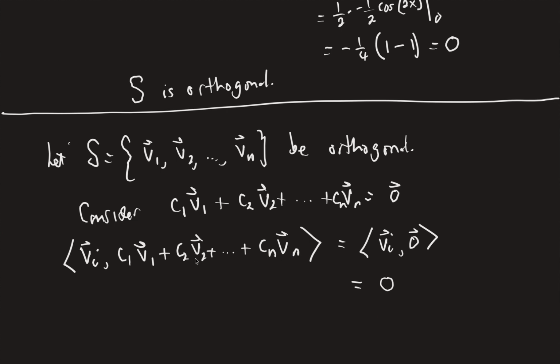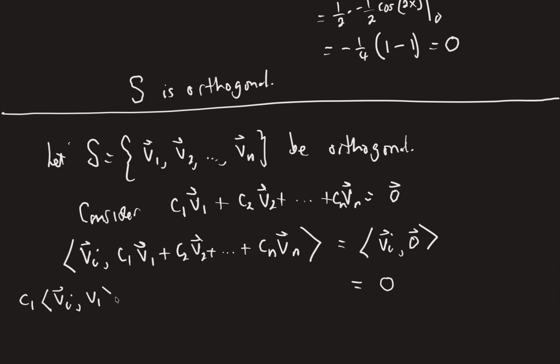Now, we have to use some properties of the inner product. Remember the ones like the distributive and the scalar. So when you apply all those properties together, I'll write down the expression. When I do Vi with just this term, I'll be able to factor out the c1, and then I will have the inner product of Vi with V1.